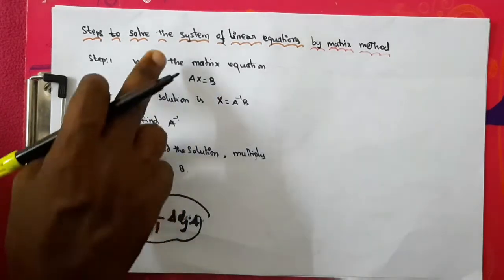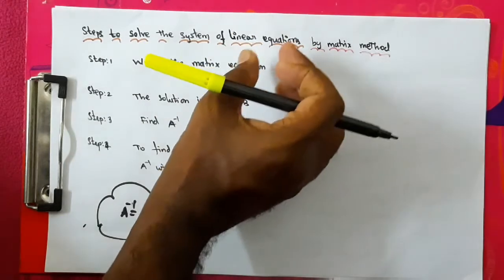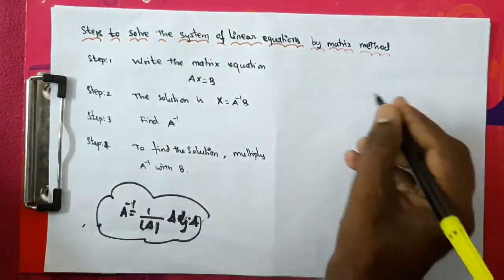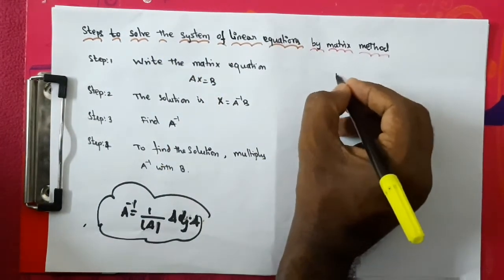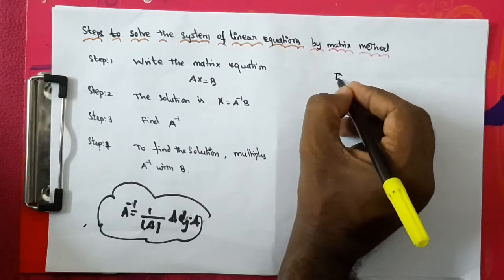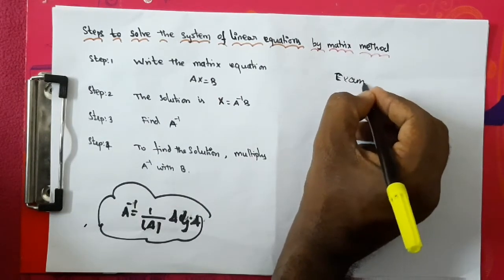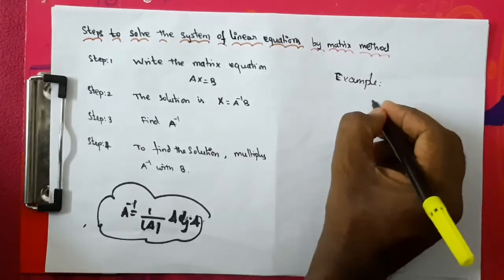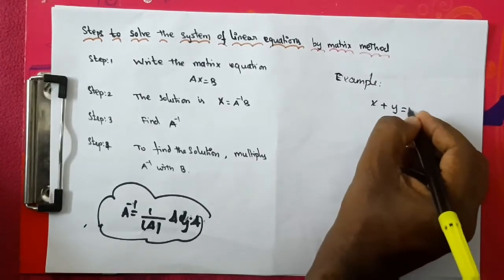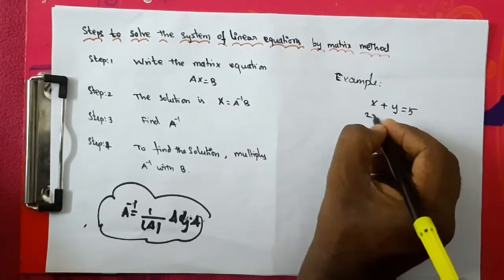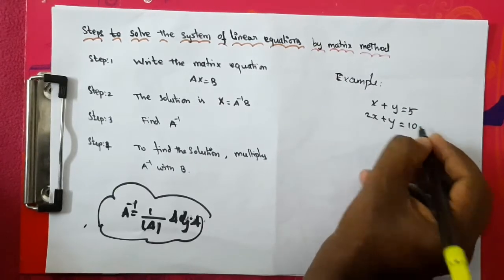Now, to do this, first we should understand what linear equations are. I'm going to write one example here. x + y = 5, and 2x + y = 10.